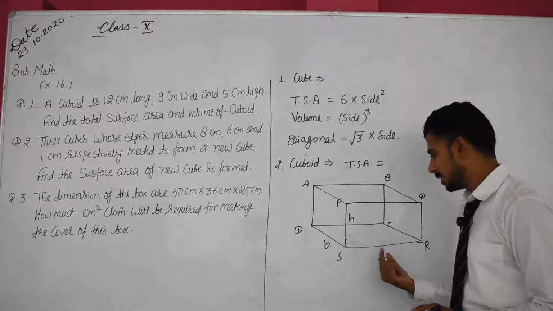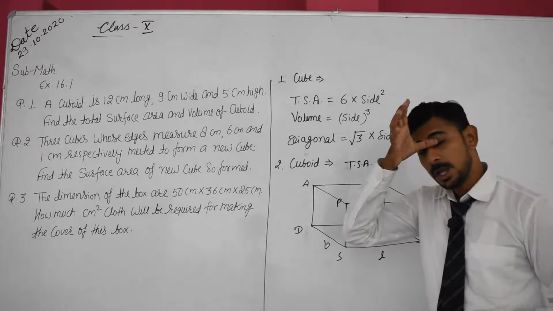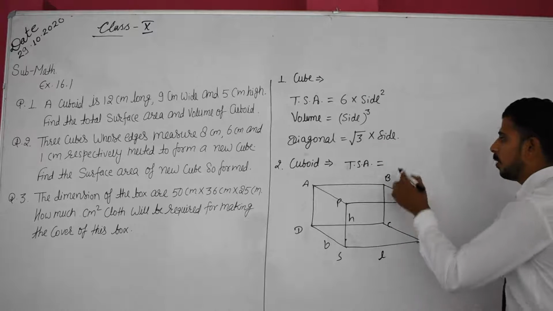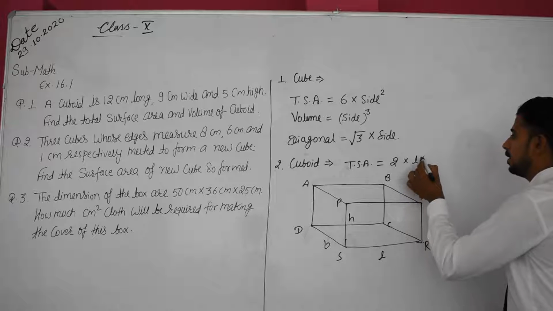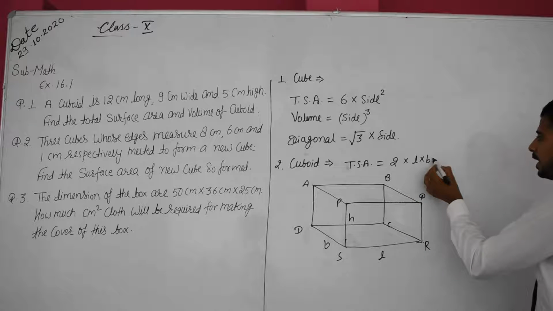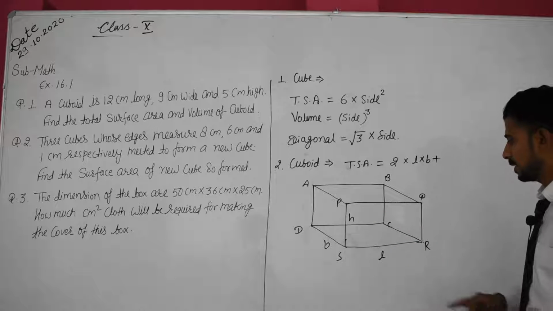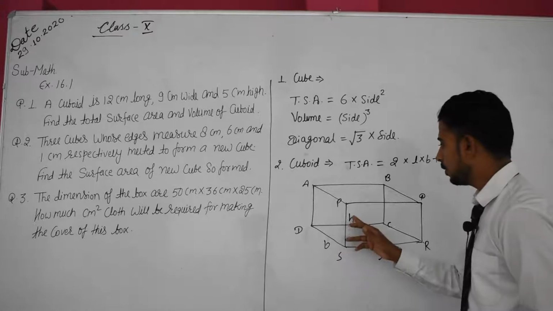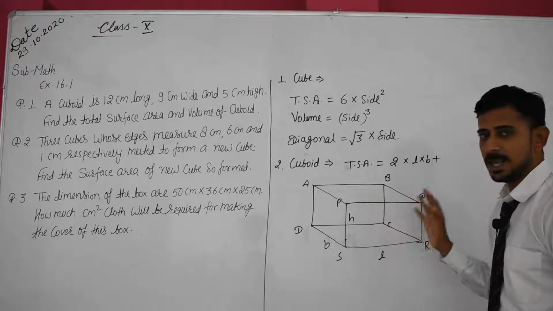Area of a rectangle is length multiplied by breadth, means area of base is length into breadth, and area of top is also length into breadth. Then area of base and top is 2 multiplied by length into breadth, plus. Now area of front face is L into H, area of side face is B into H. Both side faces are the same.